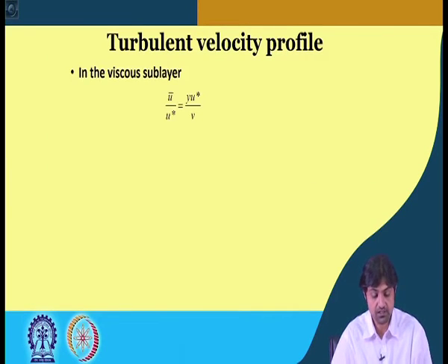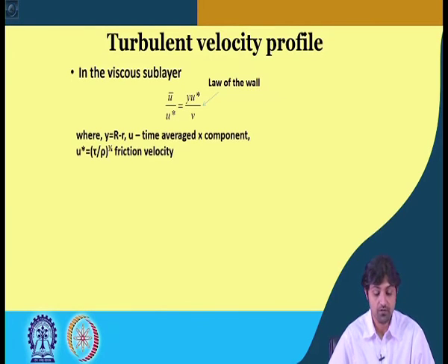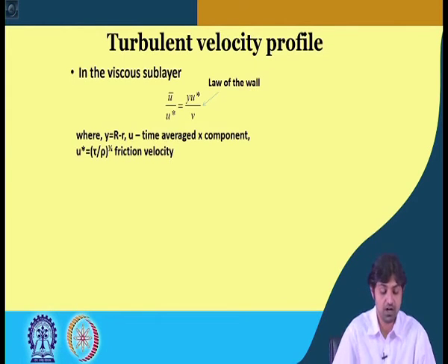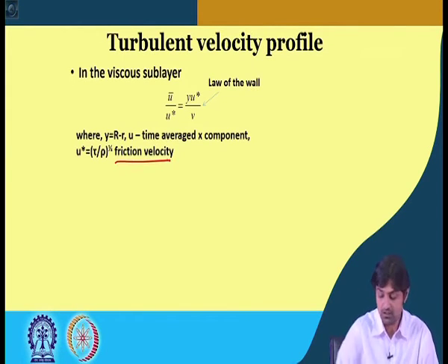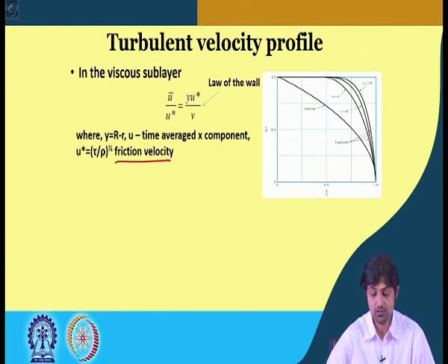In the viscous sublayer, we can write u bar by u star is equal to y u star by nu. This is called the law of the wall, where y is equal to R minus r. U is the time average x component and u star is (tau by rho) to the power half, also called the friction velocity.